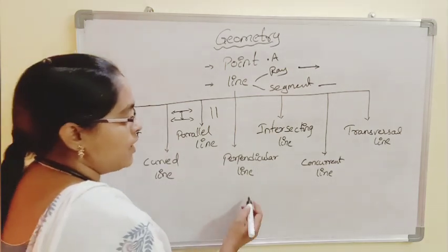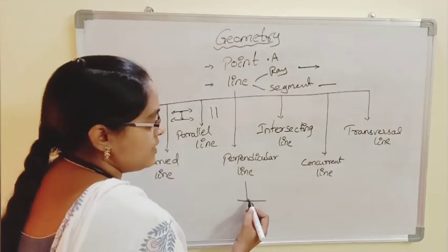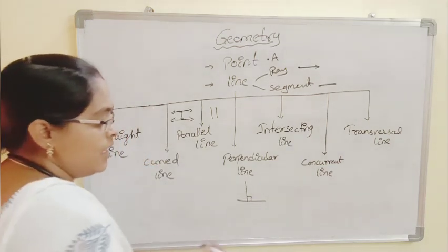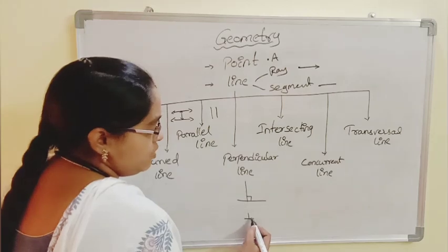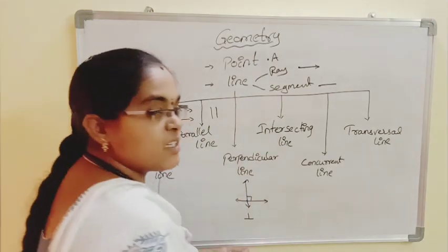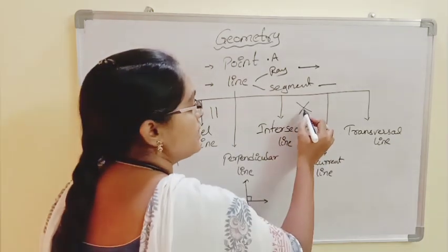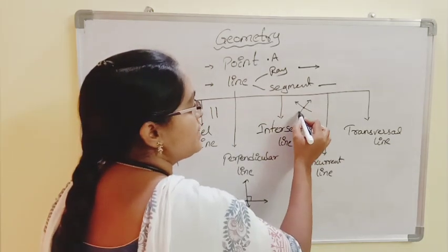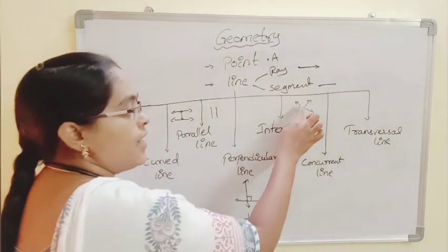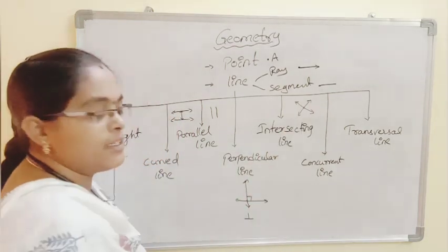Coming to perpendicular lines, if two lines intersect at right angles, then we call those lines perpendicular lines, and we use this symbol to represent perpendicularity. Now coming to intersecting lines, if two lines intersect or meet at a point, then those lines we are calling intersecting lines, and this point we are calling the intersecting point.